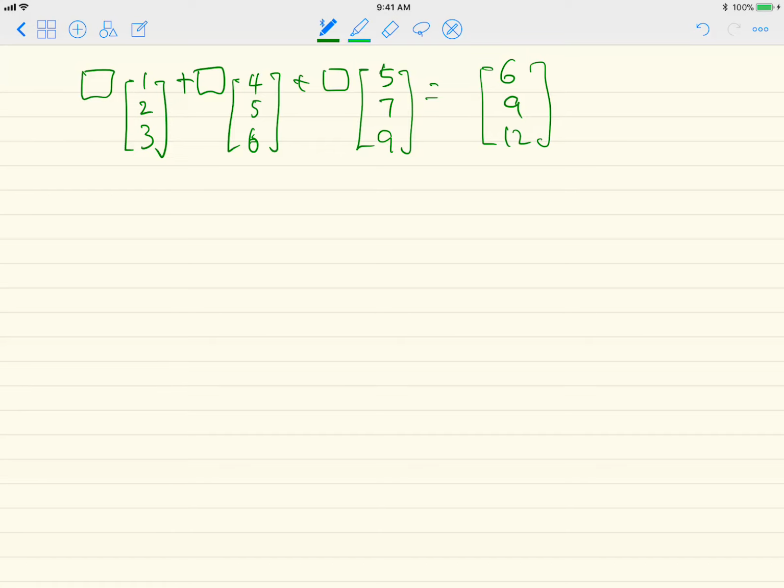In this case, let's try to find one of our solutions. I already have a solution in mind: I just put 2 here, 1 here, and 0 here. We can see that this is one of the solutions that satisfies this equation, right?